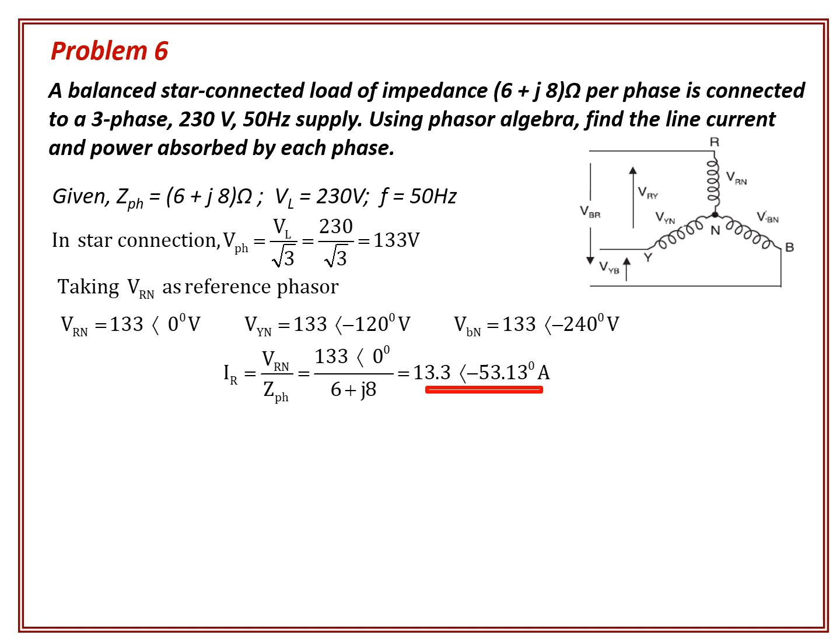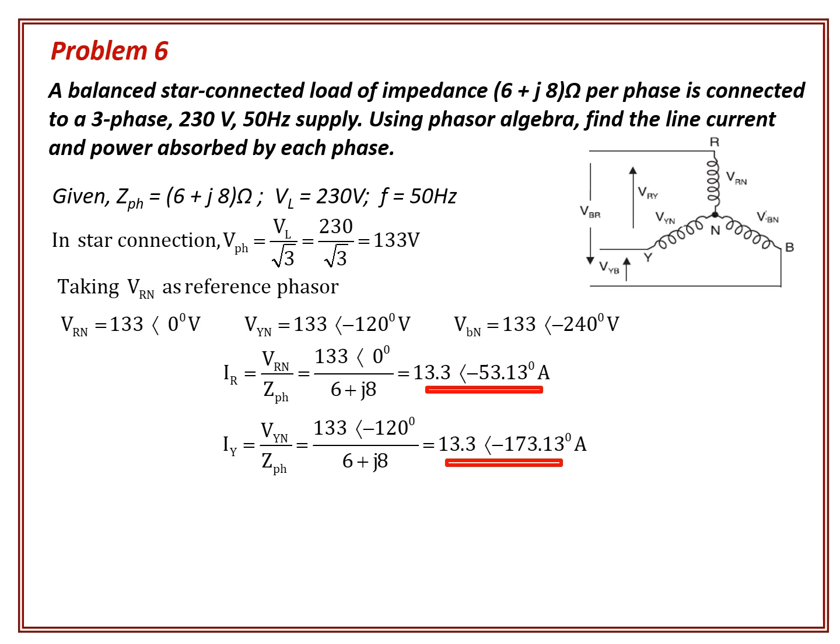Please don't substitute Z phase equal to root of 6 square plus 8 square, which is the magnitude of Z phase, because here we have to consider the angle part also. So substitute Z phase as 6 plus j8. Calculating, you will get IR equal to 13.3 angle minus 53.13 ampere.